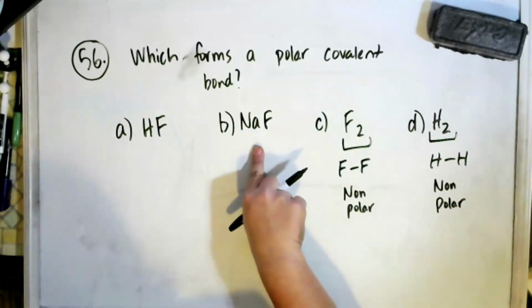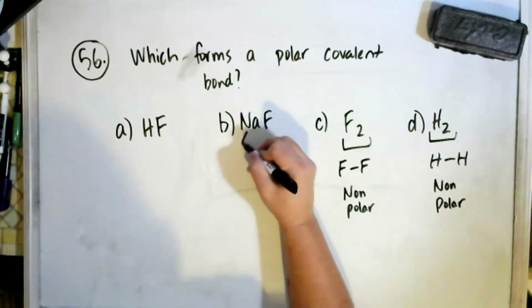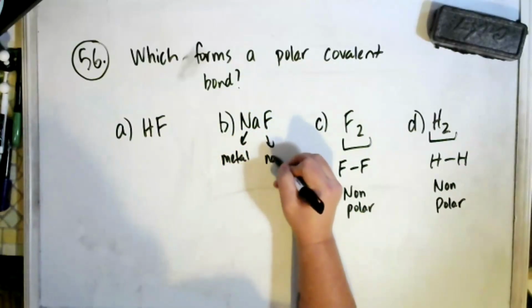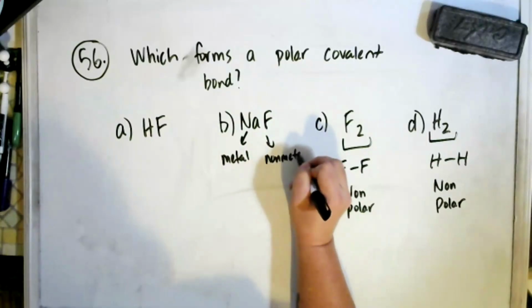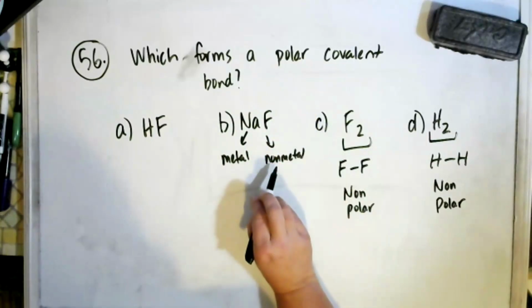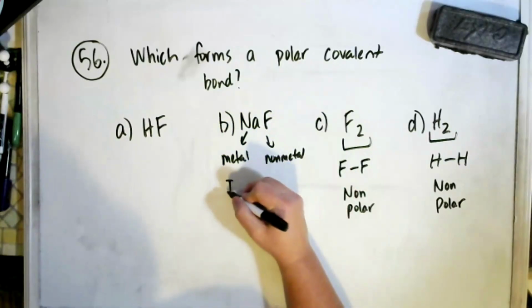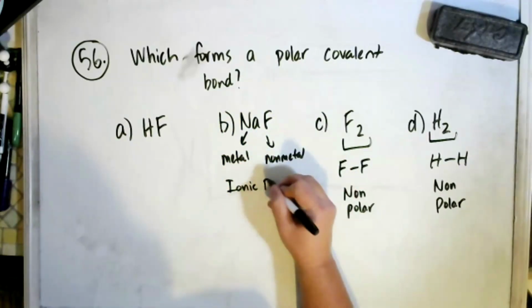Over here for NaF, this is a metal and this is a nonmetal. So this is not going to be a covalent bond, so it can't be a polar covalent bond. Instead, this is going to be an ionic bond.